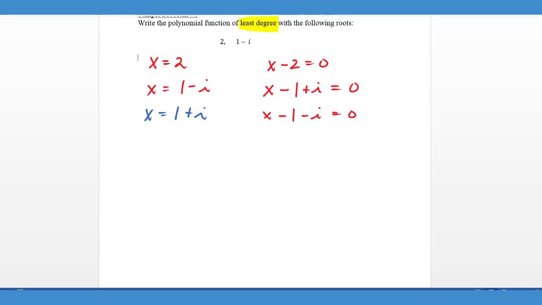Now the reason I did that is because once all of these expressions are equal to 0, I can then multiply them together. So I can say (x minus 2)(x minus 1 plus i)(x minus 1 minus i) is equal to 0. So that's the reverse of the zero product property.